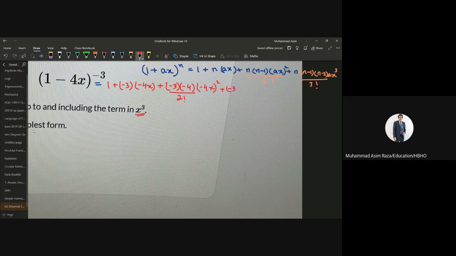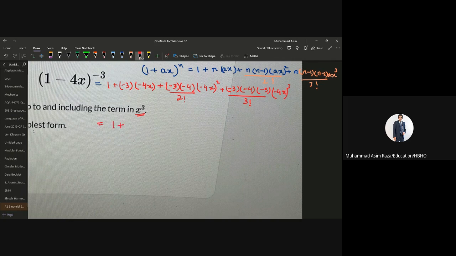So this is n, this is n minus 1, minus 3 minus 1 is minus 4, then n minus 2, minus 3 minus 2 is minus 5, over 3 factorial, and here we will have negative 4x whole cubed. Don't forget to write down these negative signs and be careful when you expand them.